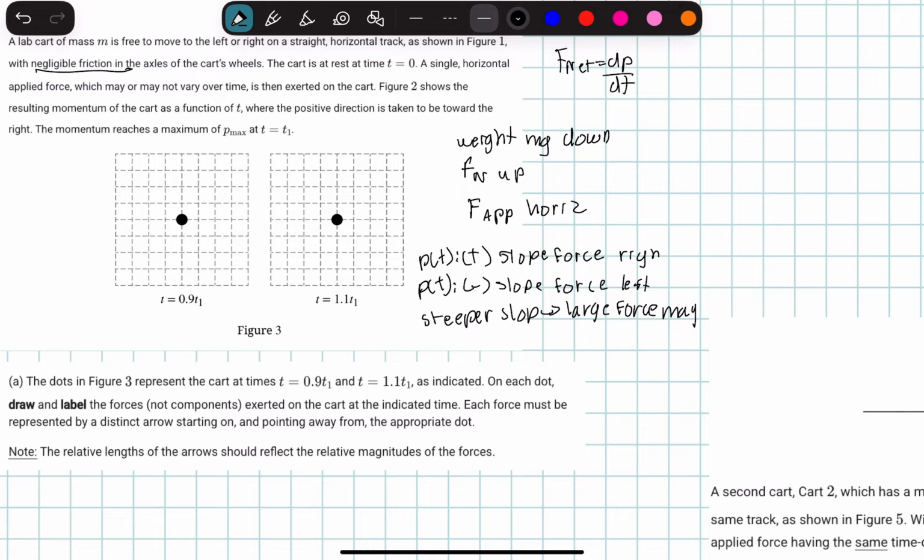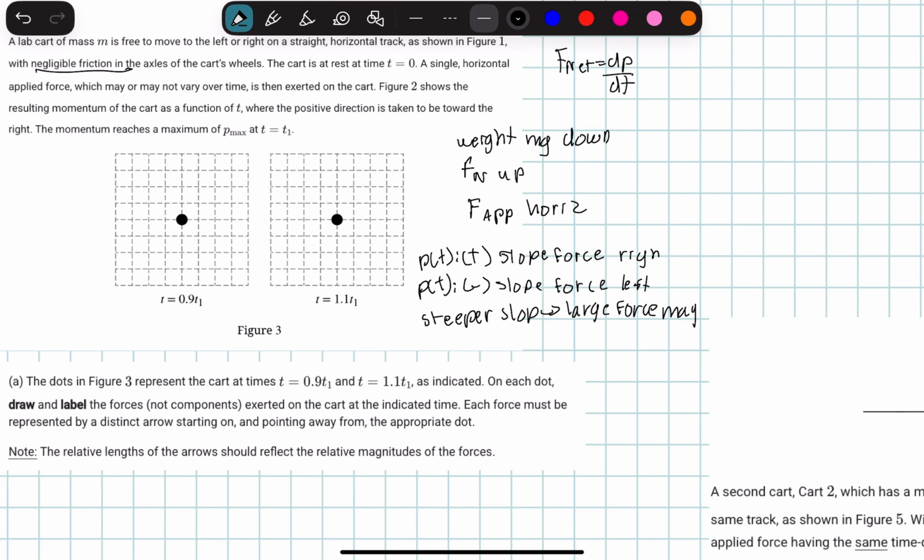At 0.9 t1, this is the time before the peak momentum. So before the peak momentum, the momentum is increasing, and we know that the slope of p versus t is going to be positive. Therefore, the applied force is to the right.